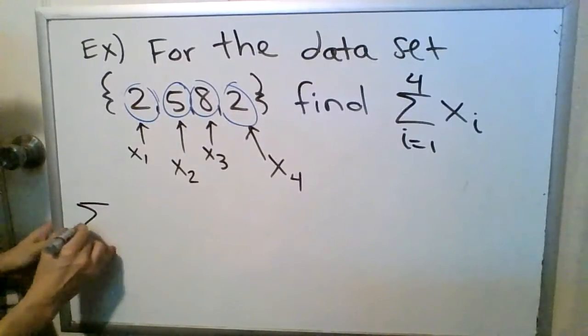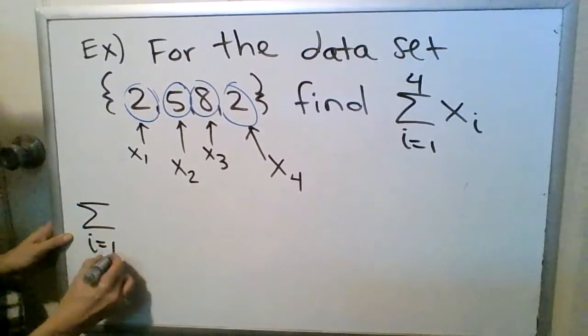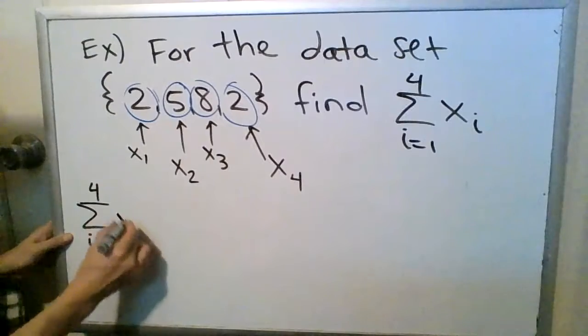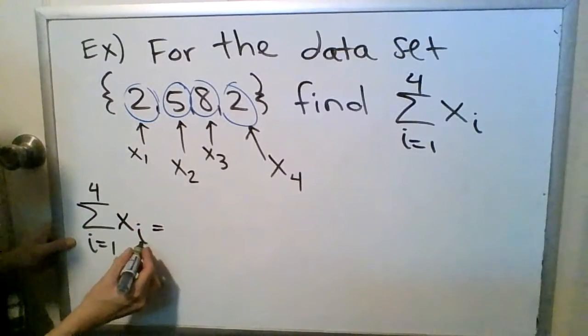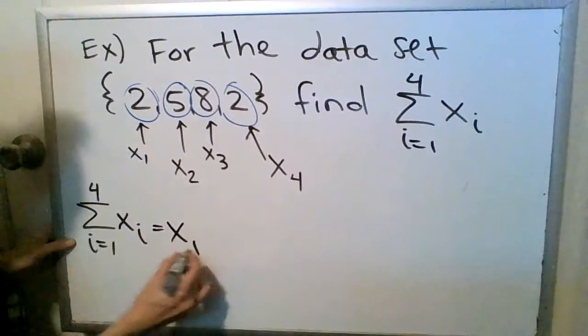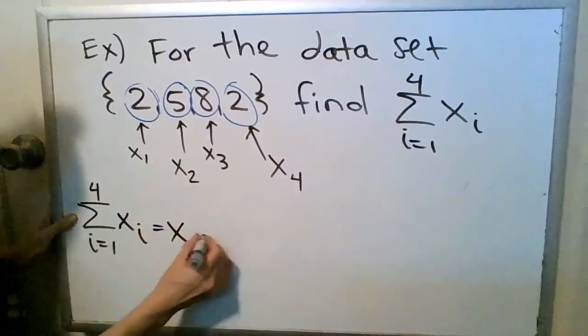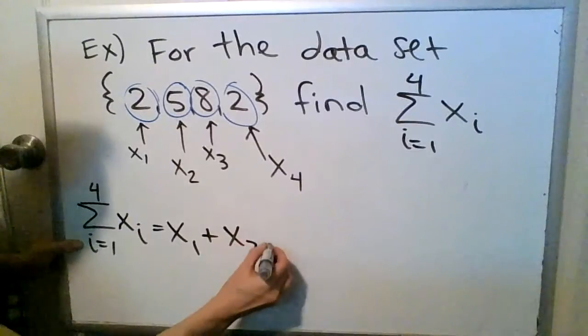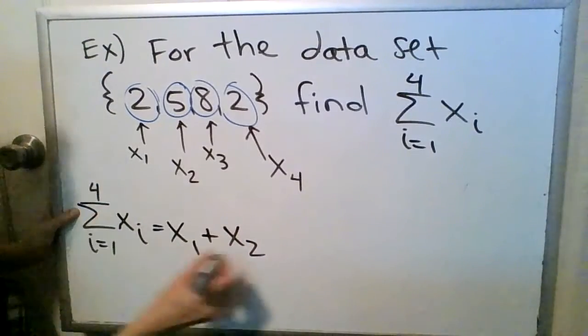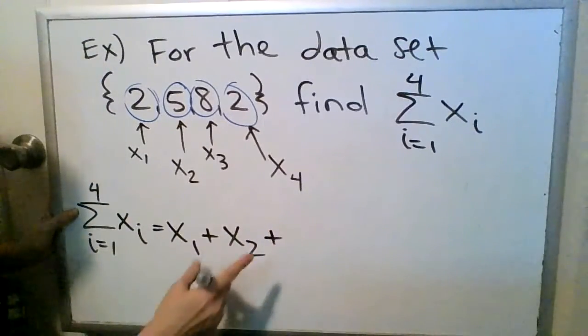So we sum from I equals 1 up to 4 of x of I, which means first put in 1 for the subscript, x1. Add. Put in I equals 2 to get x of 2. And here again, add x of 3.